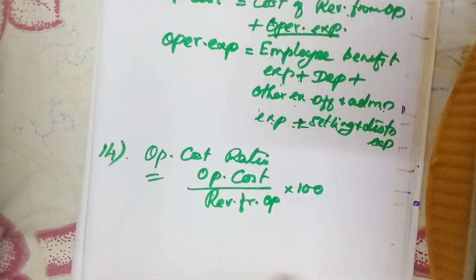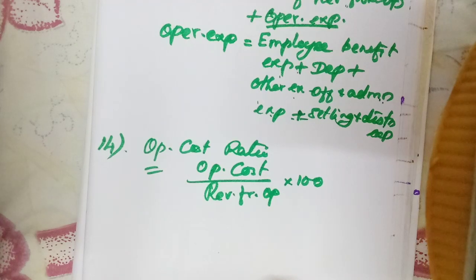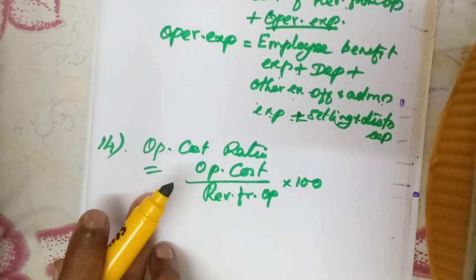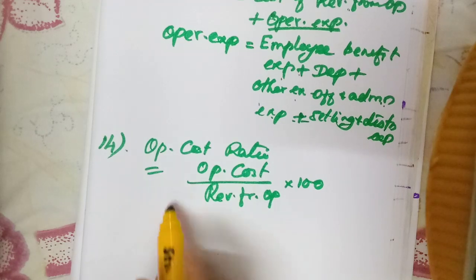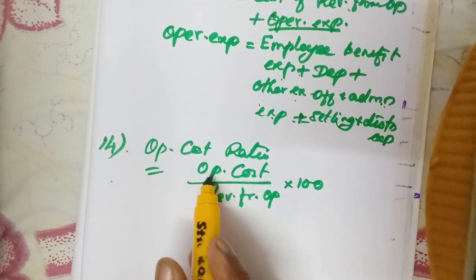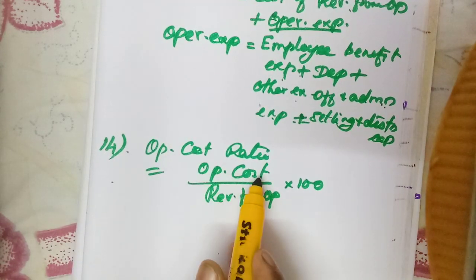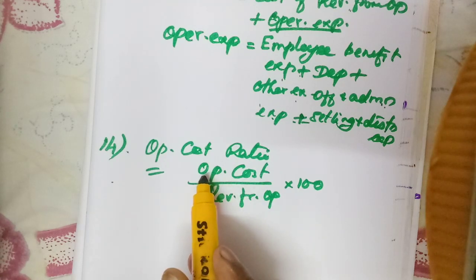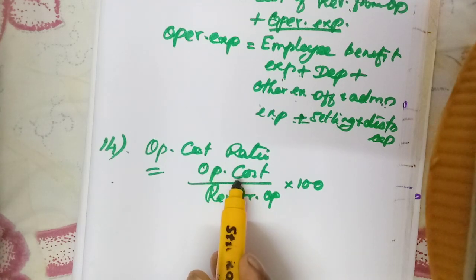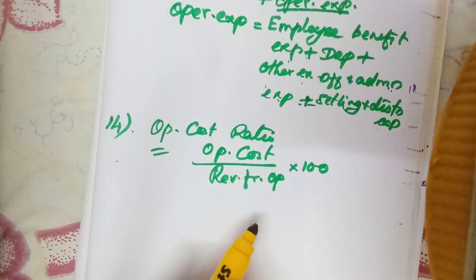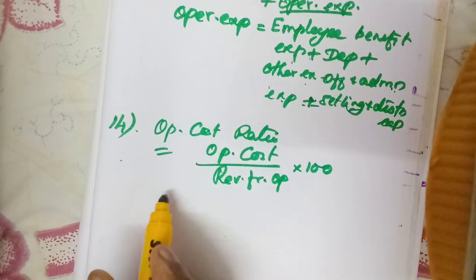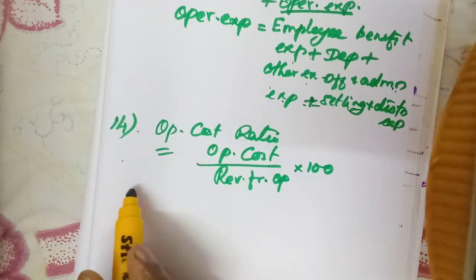We will do the 14th exercise, the operating cost ratio. First we need to write the formula: operating cost divided by revenue from operation into 100. Here we need to calculate, isn't it?